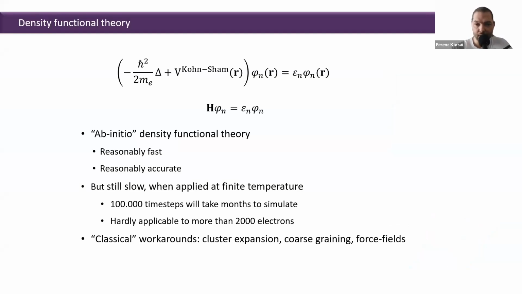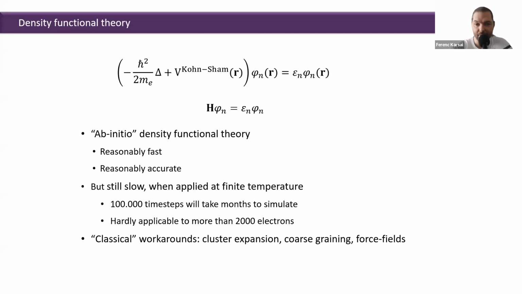But unfortunately, if going to finite temperature, that means mainly the motion of atoms by molecular dynamics, it is too slow. Let me take an example. 100,000 time steps, which often belong to only a few picoseconds, could easily take several months to simulate. Additionally, this is only on small to medium-sized unit cells with around only 2,000 electrons at maximum.